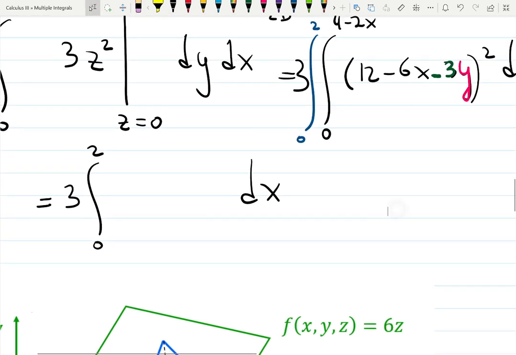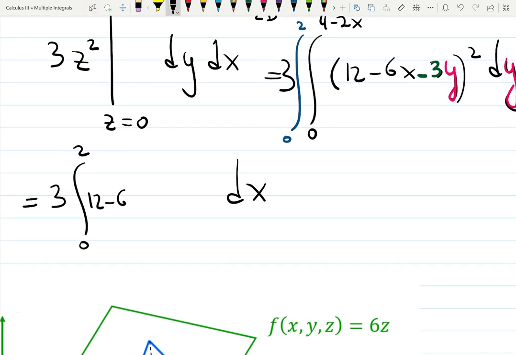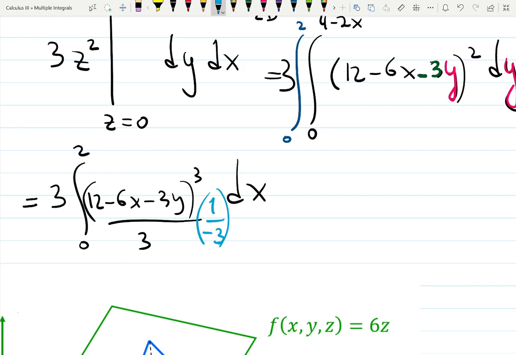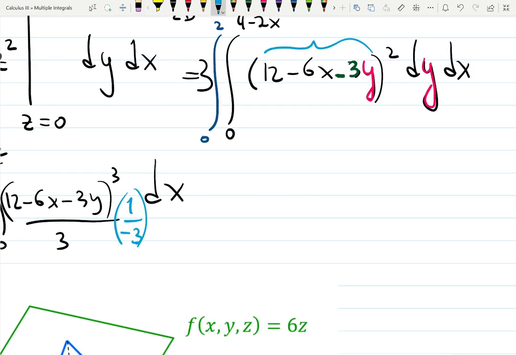The inside integral becomes: copy 12 minus 6x minus 3y. Raise the exponent. It was 2, now it will be 3. Divide by 3, and then divide by the leading coefficient, which is minus 3. That's a shortcut of u substitution, but in general you could just use u substitution.